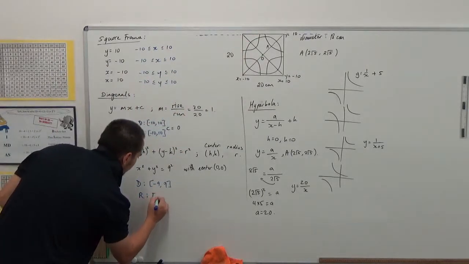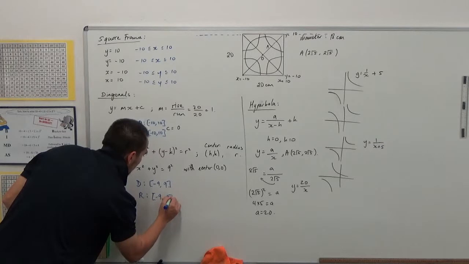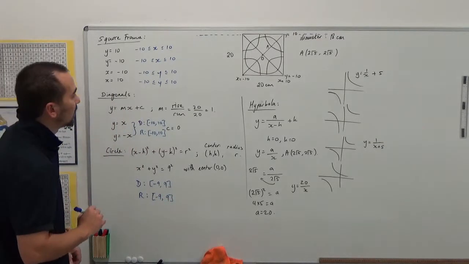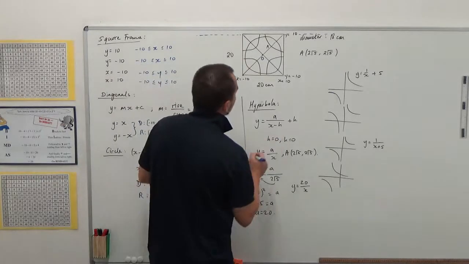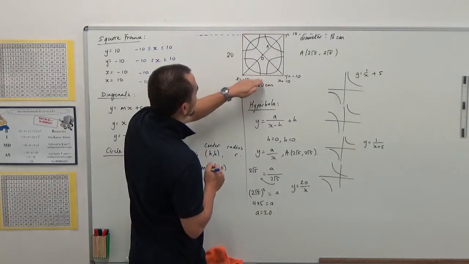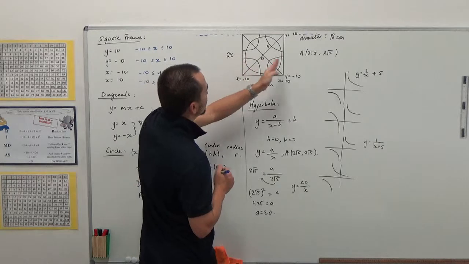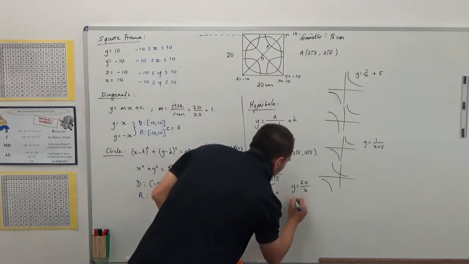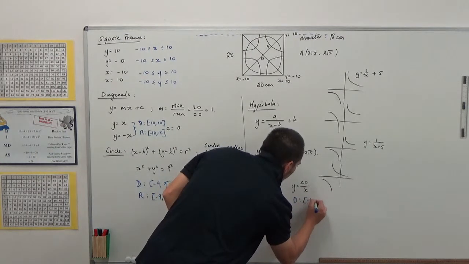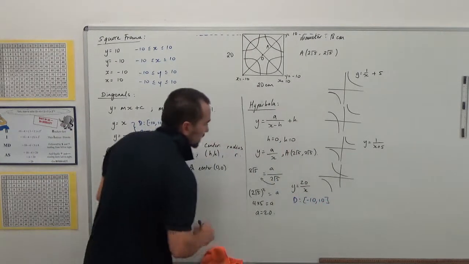So it's quite nice that this question is fully symmetrical, which makes it easier. The hyperbolic function also goes as high as 10, as low as negative 10, as far left as negative 10, and as far right as 10. So the domain and range is negative 10 to 10.